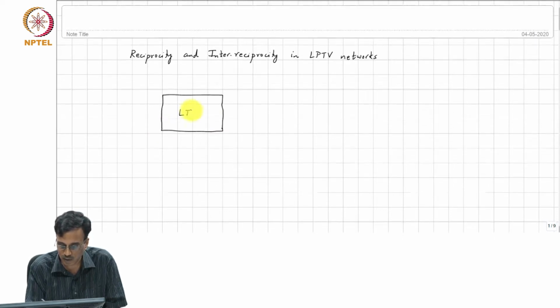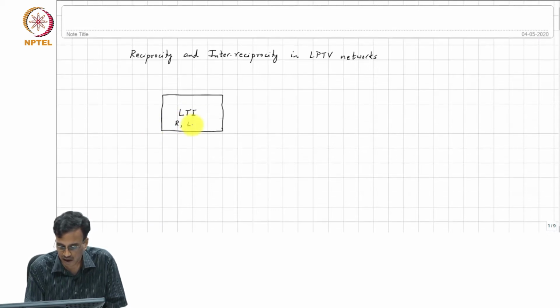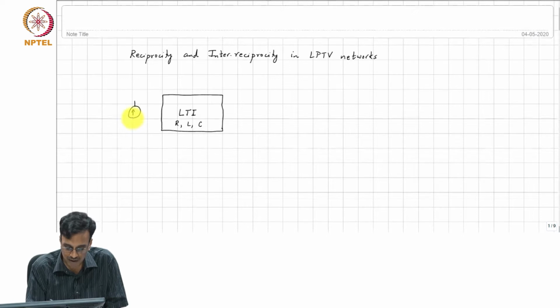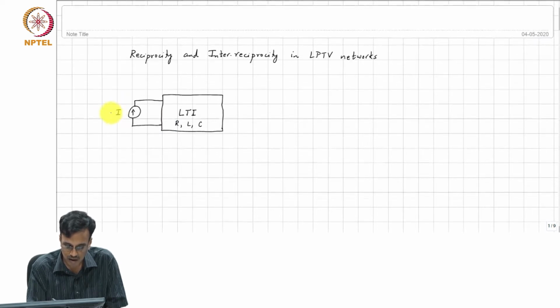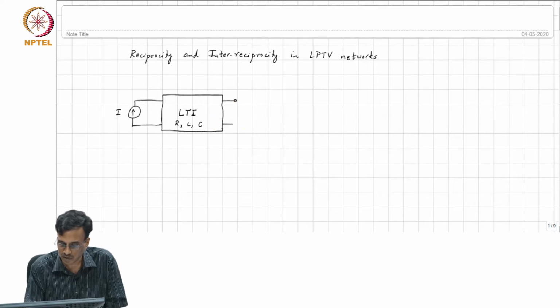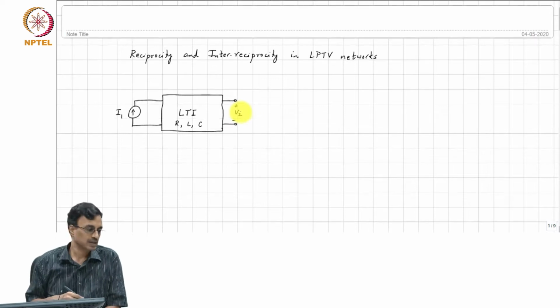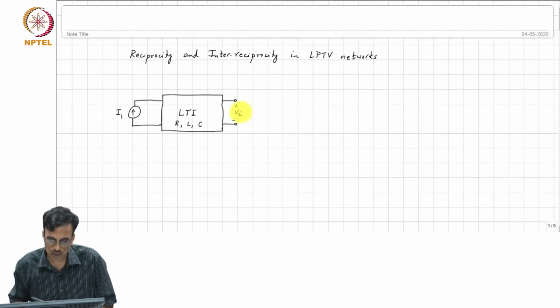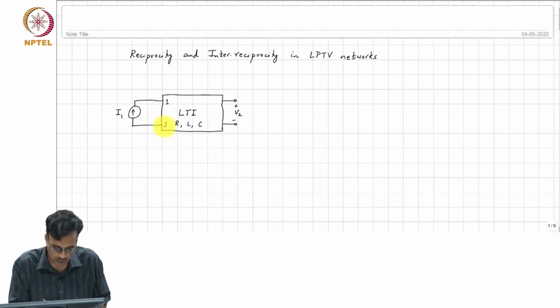This is an LTI network, and let us say this only consists of R, L and C, and you drive it with a current I1, and we observe this V2, and all these refer to phasors, obviously all at the same frequency. And this is 1 prime and this is 2 and this is 2 prime.